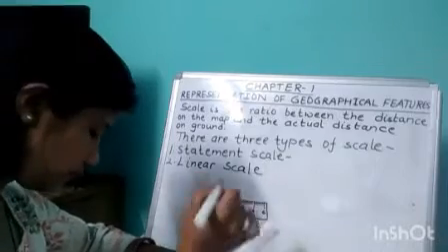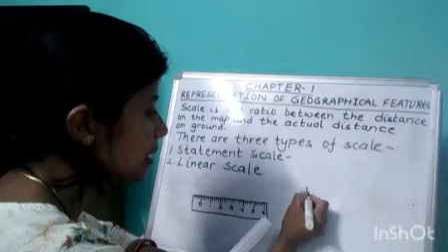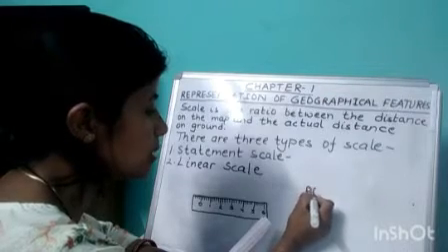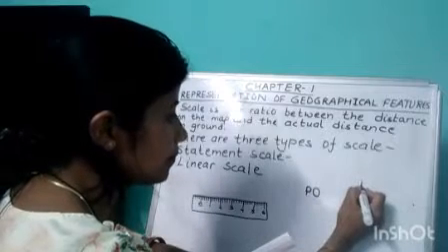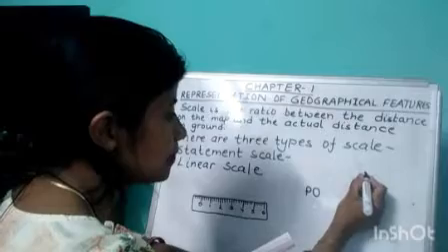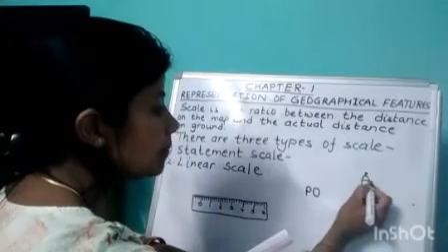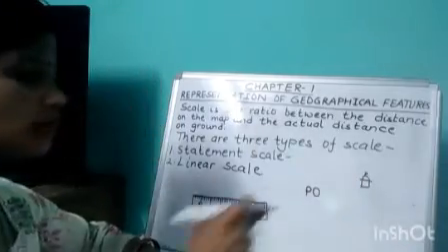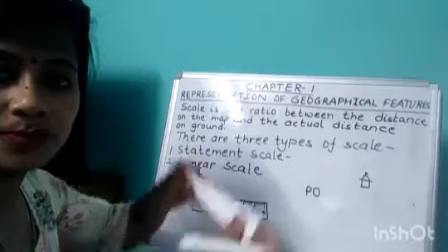Like you have a post office here. PO means post office. Here you have a temple. You have to measure the distance between these two places.